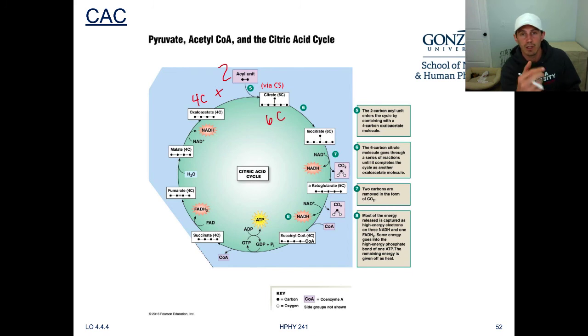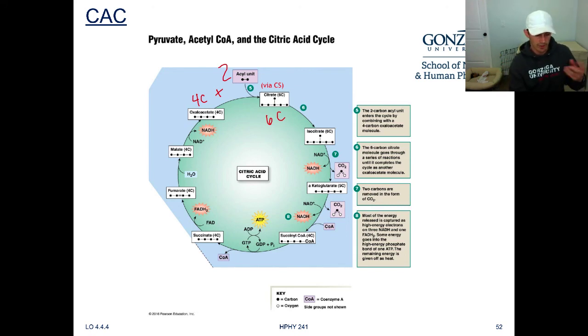We're combining acyl unit and oxaloacetate, and we've got our first intermediate in the citric acid cycle. And you're probably wondering, where does oxaloacetate come into play? I'll touch on that at the end of the citric acid cycle.